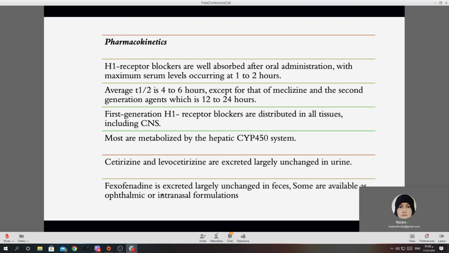And this might result in drug interaction with some drugs like ketoconazole, which is an antifungal, or macrolide antibiotics. And it's found that grapefruit juice also inhibits the CYP enzyme, increasing the blood level.